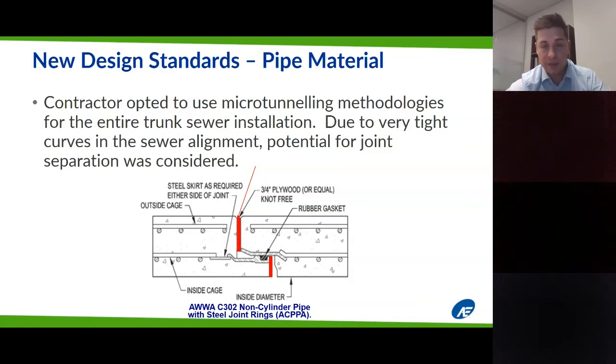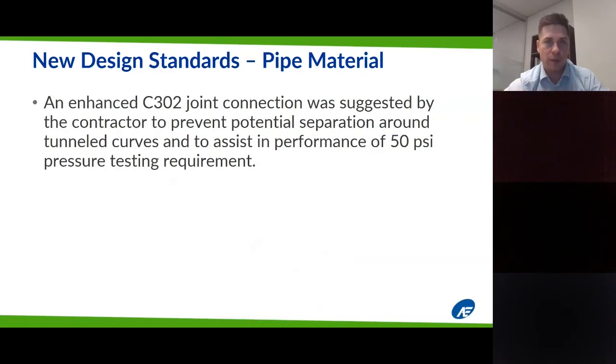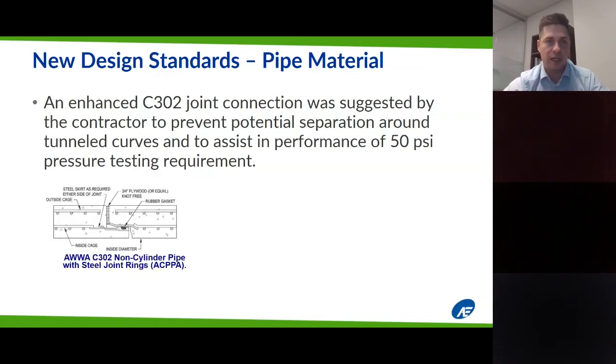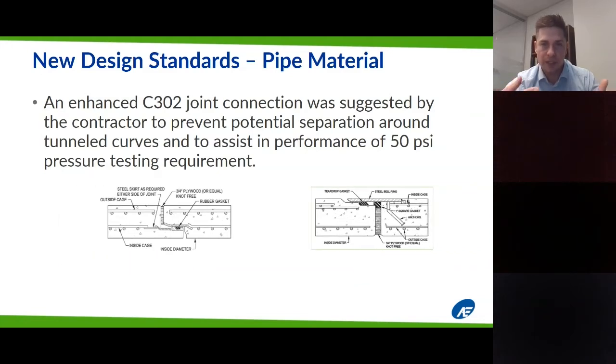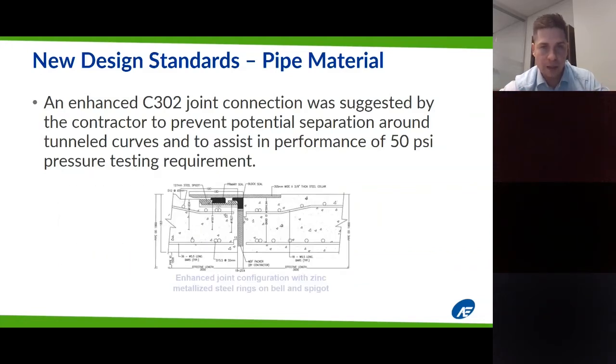So given that the region also wanted this pipe pressure tested to 50 psi, the contractor said, well, hey, what can we do? Can we enhance this joint, make it a better joint? They talked with their pipe manufacturer, and they said, well, here's your typical AWWA C302 joint. What if we take some components of a concrete and steel joint, combine these together, and create an enhanced joint configuration?